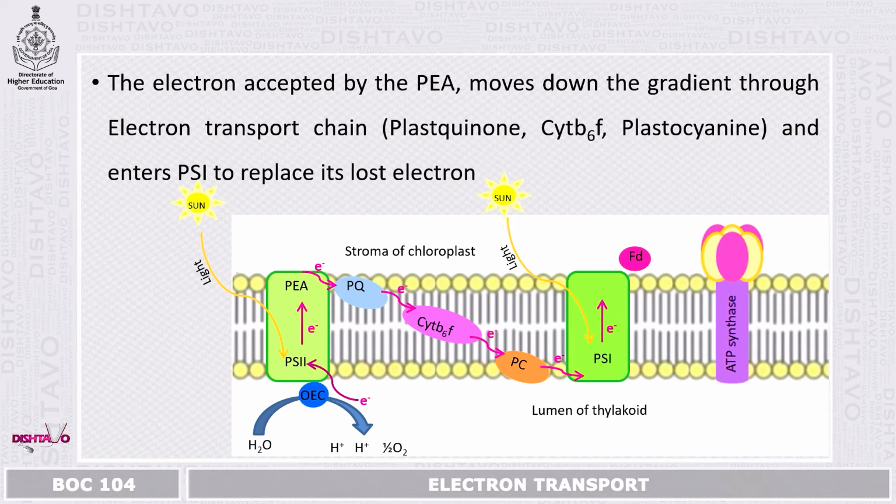The electron accepted by the primary electron acceptor moves down the gradient through an electron transport chain comprising plastoquinone, cytochrome B6F complex and plastocyanin, and enters PS1 to replace its lost electron.